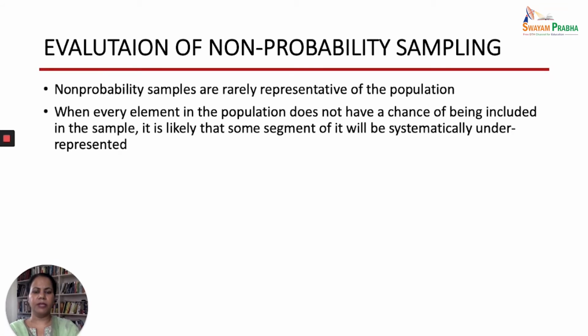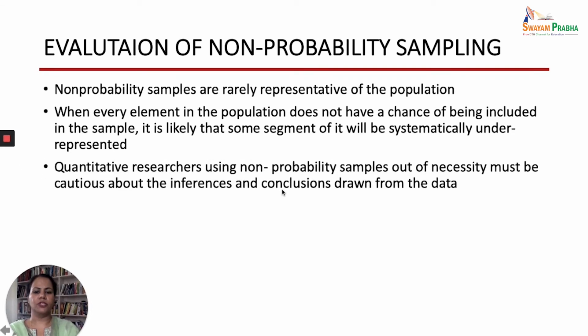When every element in the population does not have a chance of being included in the sample, it is likely that some segment of it will be systematically underrepresented. As I have already told you, the subjects do not have the same chance of getting selected in the sample. So that is why there can be underrepresentation of certain segments.